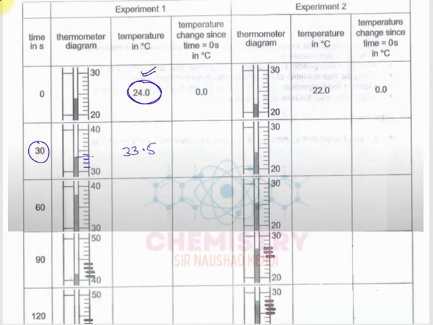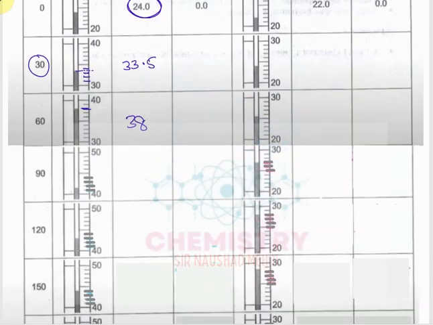Similarly, the next one is around 38. The next one is 41 and 42, so this is in between 40 and 41, so it comes to almost 40.5.